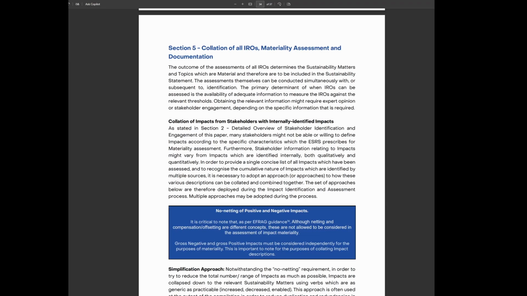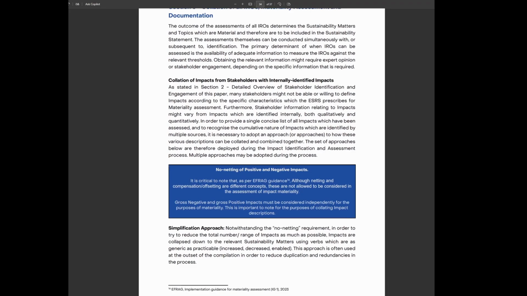And at some point you want to bring those together to a single consistent set of IROs that can be assessed. So we provide a series of methodologies or a series of sub-approaches which can be applied so that you have a consistent methodology for collating your IROs.